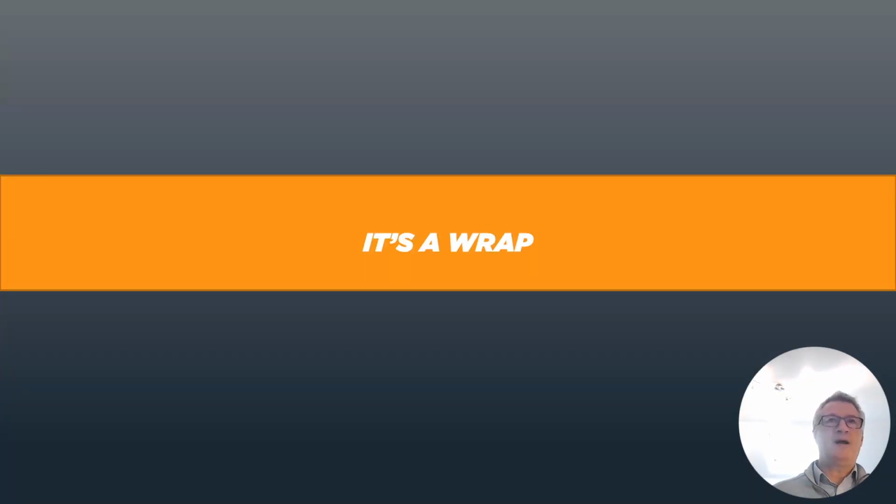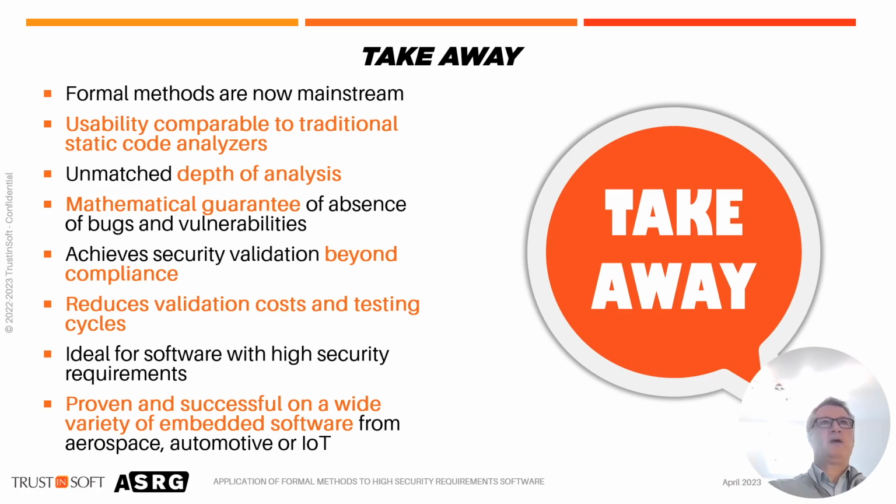So this is a wrap, and as a takeaway, remember that formal methods are now mainstream. They provide all the characteristics of a traditional static code analyzer in terms of usability. Unlike those tools, they provide unmatched depth of analysis, with formal proof, a technical proof of the absence of undefined behavior in your code.